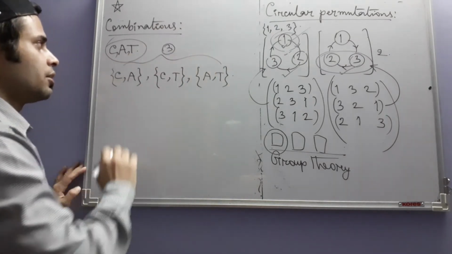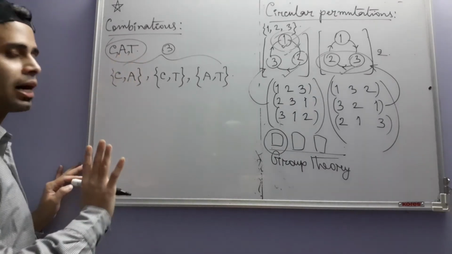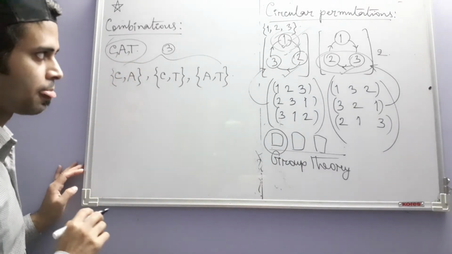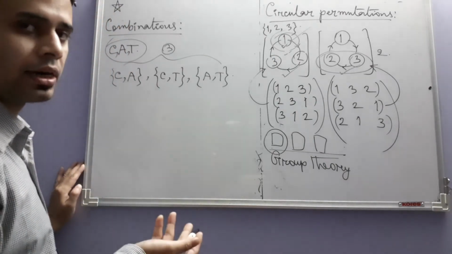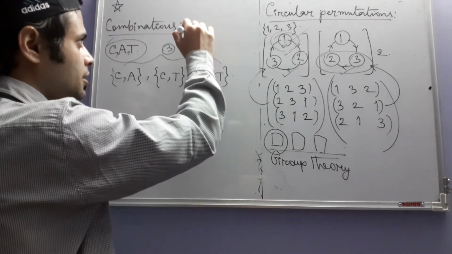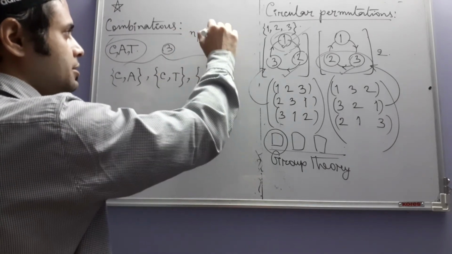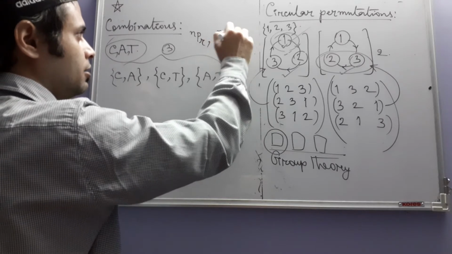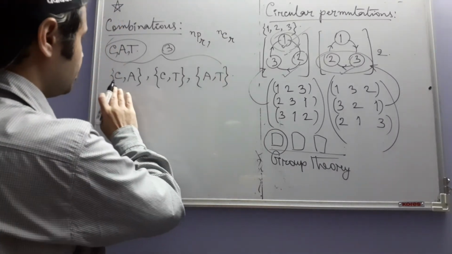This is the number of combinations of three objects when two are taken at a time. And just like permutations of n objects when r are taken at a time has a symbol nPr, this one also has a symbol nCr. P stands for permutation, C stands for combinations.